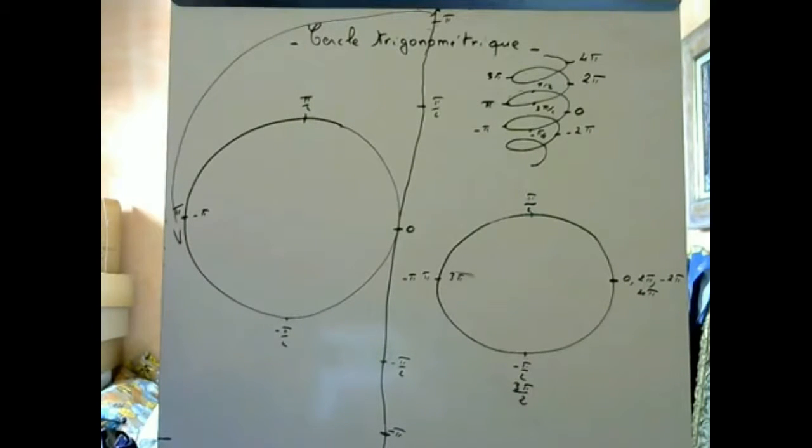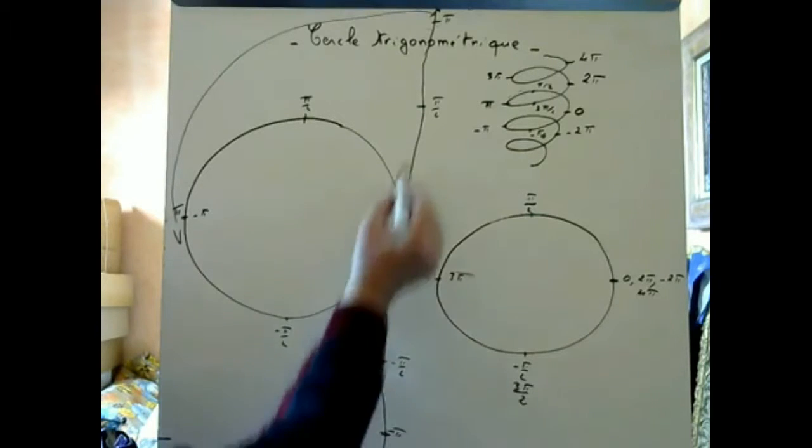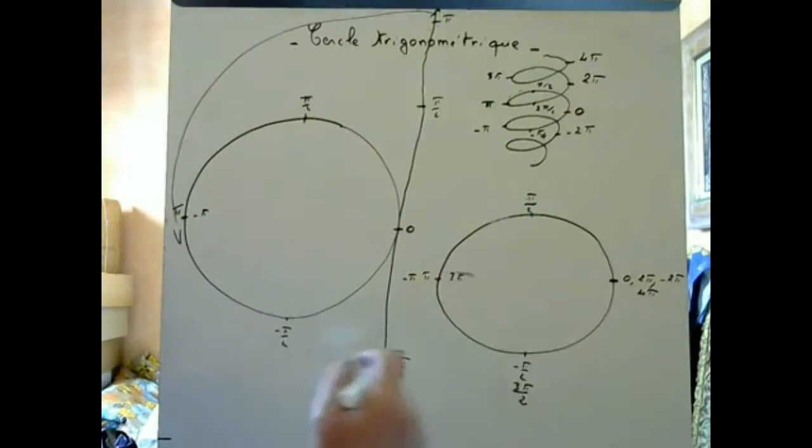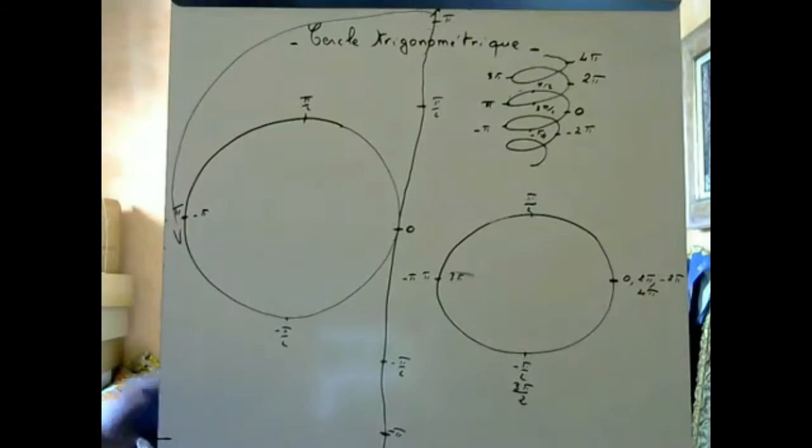For any single point on the circle, we get an infinite number of values in radians. So these angles are in radians. For example, minus pi over 2 is approximately minus 3.14 divided by 2. Pi over 2 is 3.14 divided by 2. Pi is 3.14, etc. The radians are real numbers that go from infinity to minus infinity.